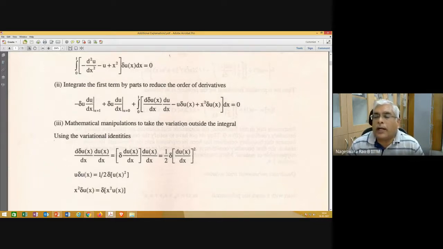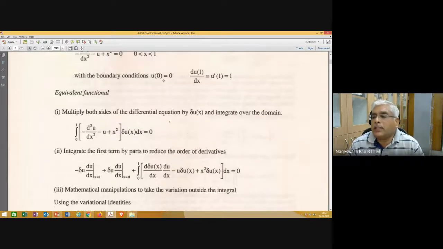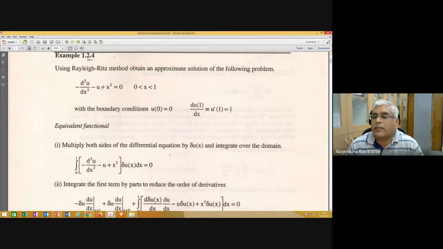Then that gives you an idea about what the essential boundary condition is. And the other term is going to give you an idea about the natural boundary condition. And finally, once you come to this point, you can apply integration by parts in the reverse direction, get to the first step, and then you can easily identify what differential equation it represents.